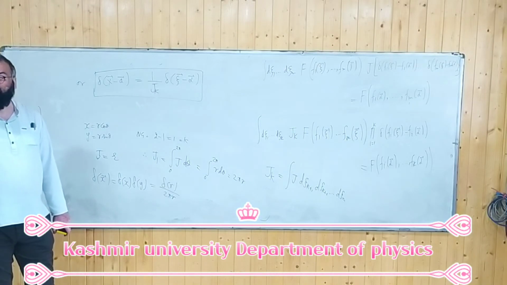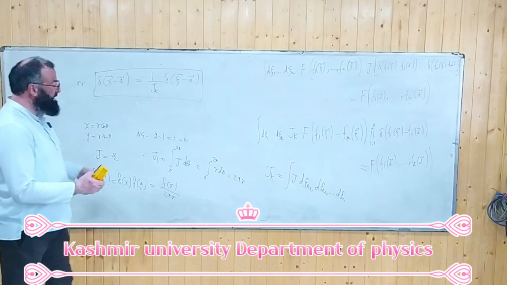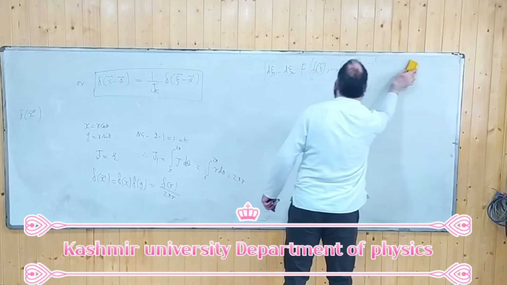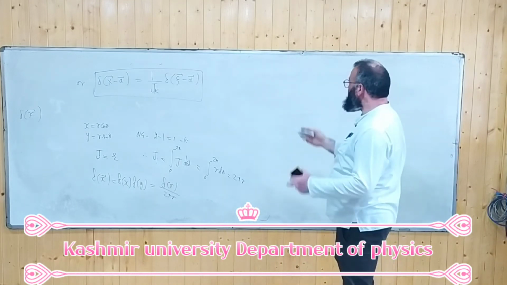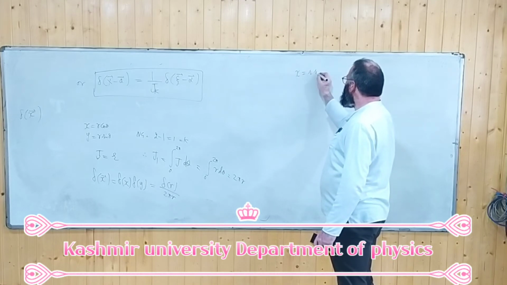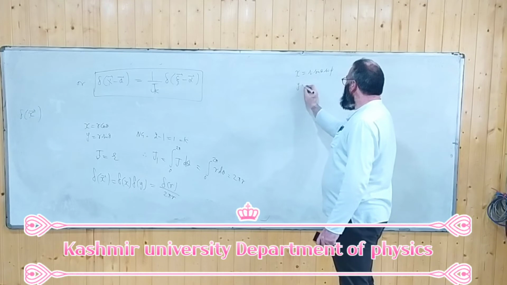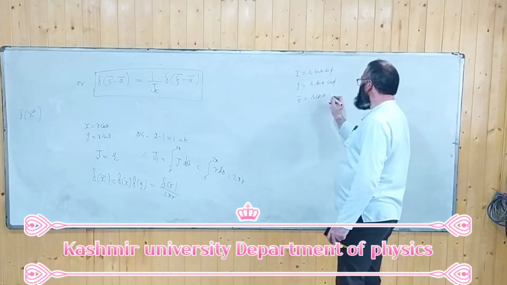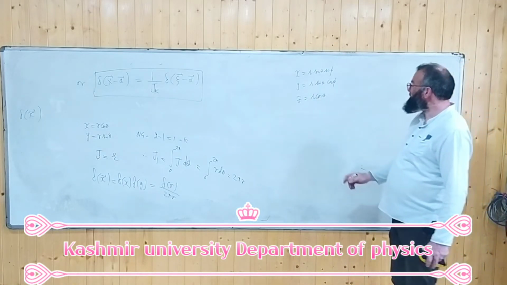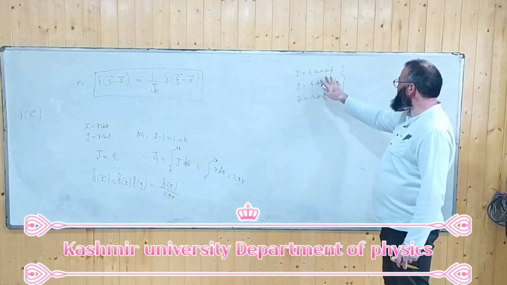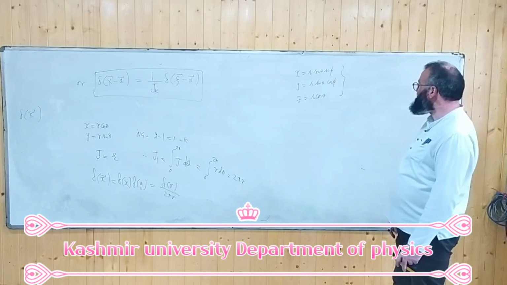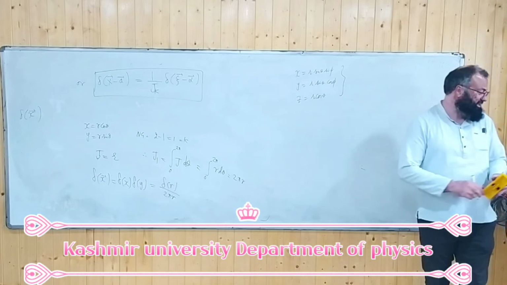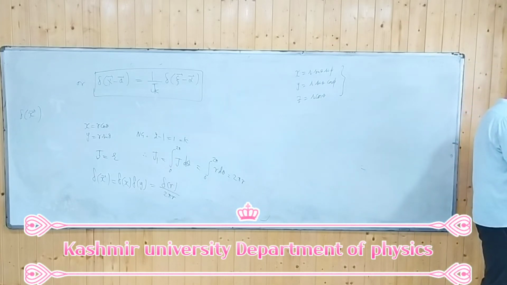Clear? So now if I take the spherical polar coordinates, what are they? x is equal to R sine theta sine phi, y is equal to R sine theta cos phi, and z is equal to R cosine theta.